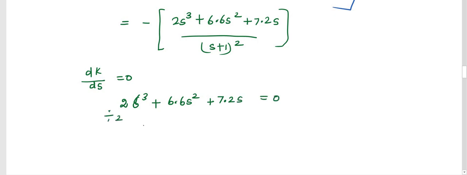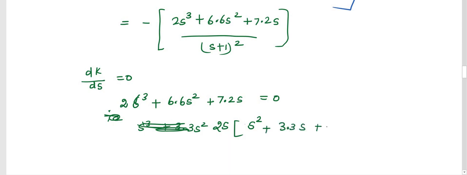Divide the whole by 2, and take s outside. So s into (s square plus 3.3 s plus 3.6) equal to 0.